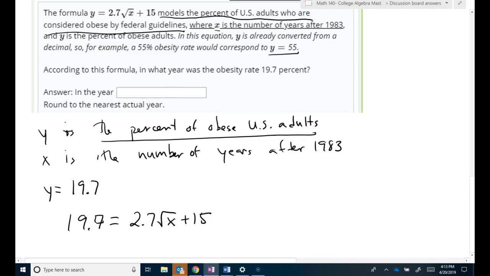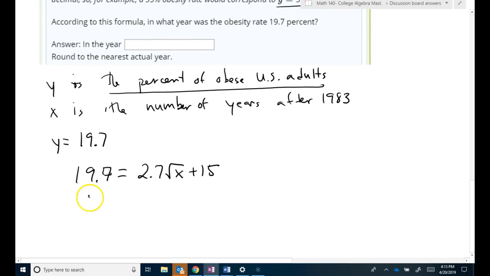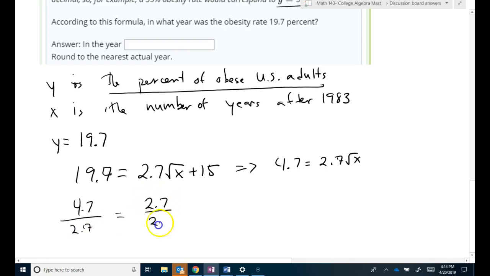Okay, cool. We're going to subtract 15 from both sides. That gives me 4.7 equals 2.7 root x. Then we'll divide both sides by 2.7. So 4.7 divided by 2.7 equals 2.7 divided by 2.7 root x.